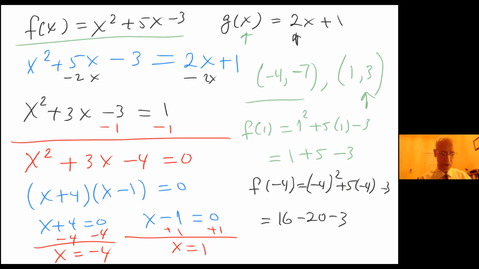Well, 16 minus 20 is minus 4, and minus 3, I get minus 7. So really, it doesn't matter which one you substitute your x value into to get the y value. It's just that I felt g of x was faster because it's a linear function. Okay, thanks.